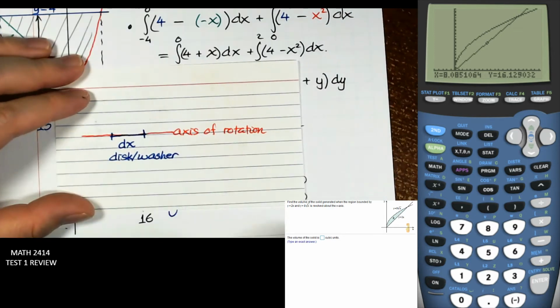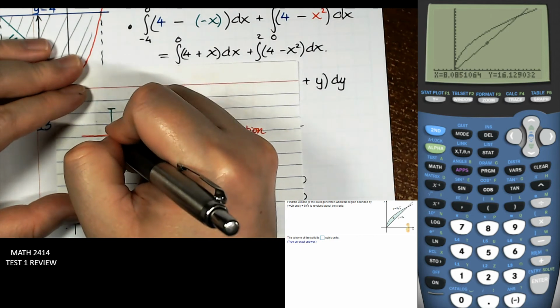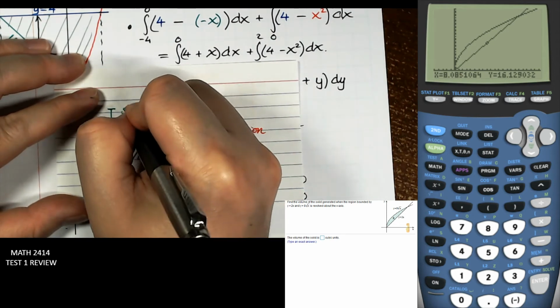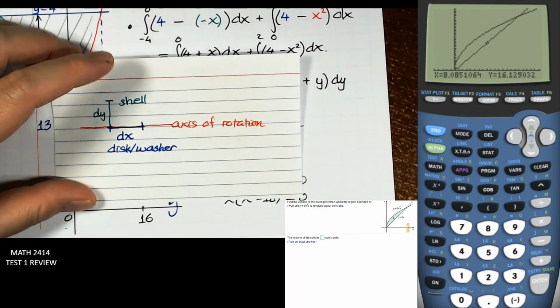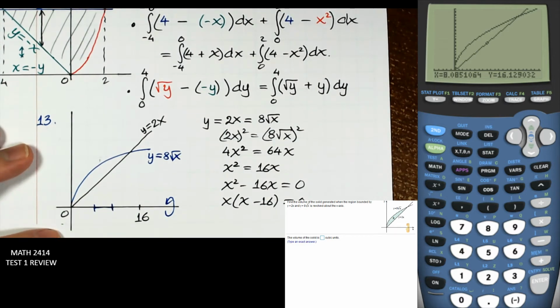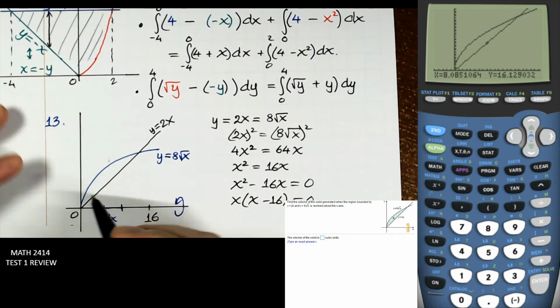If we want to use the shell, it will be perpendicular to it, and that will be dy, and that is for the shell method. So here we use the washer method, so we stack alongside the axis of rotation, so that will be dx.